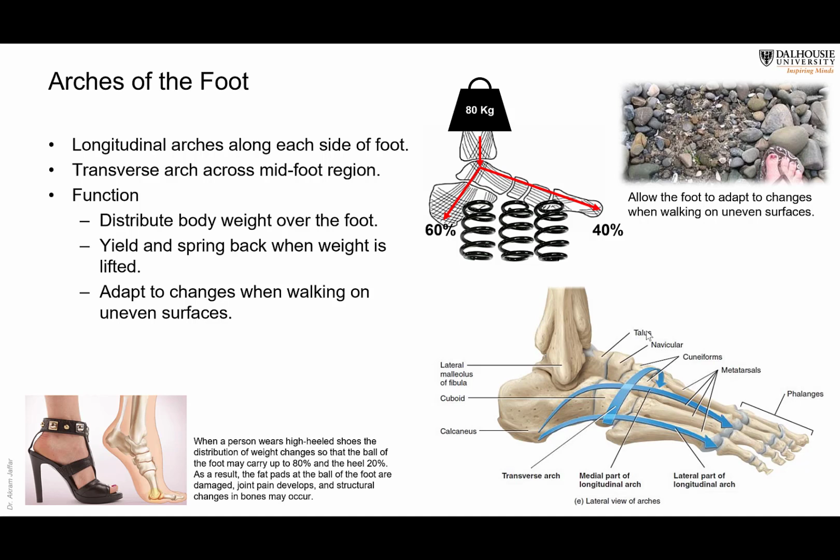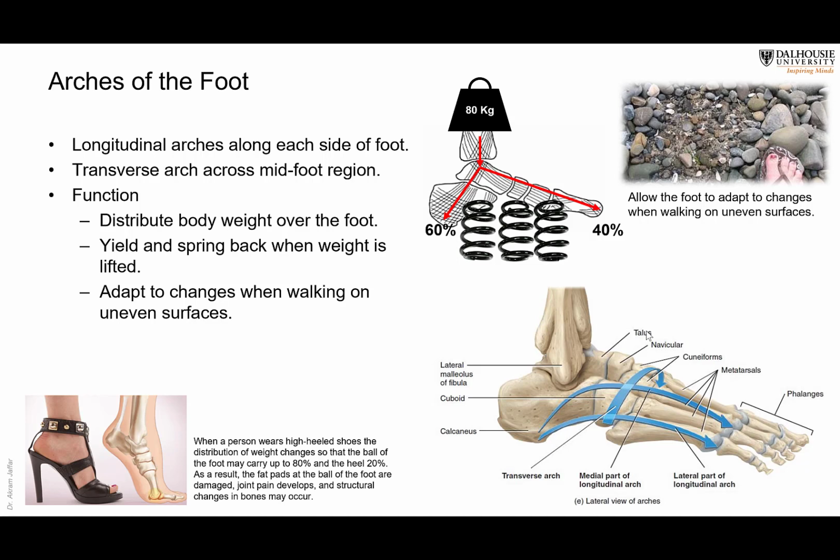The reason is that when we talk about these arches, we are talking about the bony arches, and the medial longitudinal arch is the deeper arch. These bony arches are covered with skin and a pad of subcutaneous tissue. So when you step on the floor with a wet foot, you will be able to see only the deepest one, which is the medial longitudinal arch. But there are 2 longitudinal arches and 1 transverse arch.